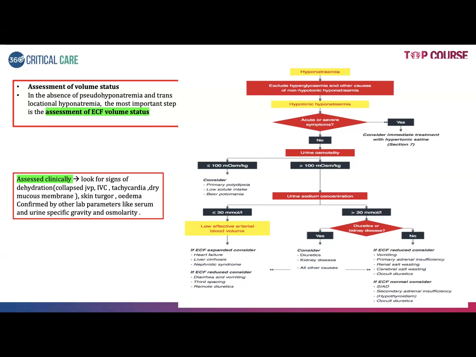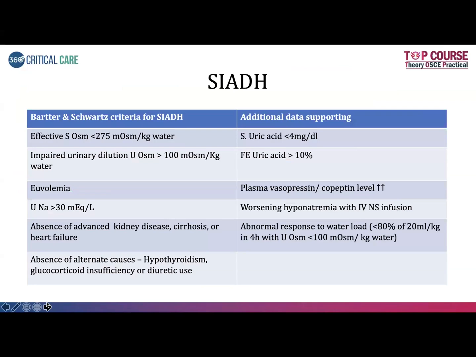If there is no diuretic use, it could be due to cerebral salt wasting, SIADH, or primary adrenal insufficiency. It could be due to hypothyroidism, okay, or secondary adrenal insufficiency. So that is how you proceed with your diagnosis of the etiology of hyponatremia.